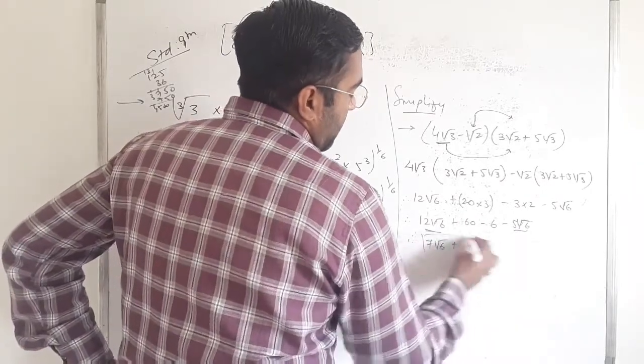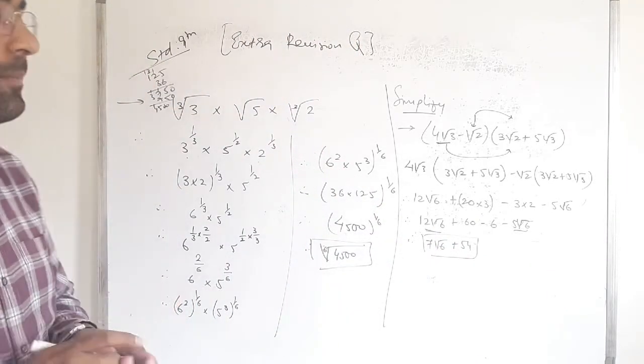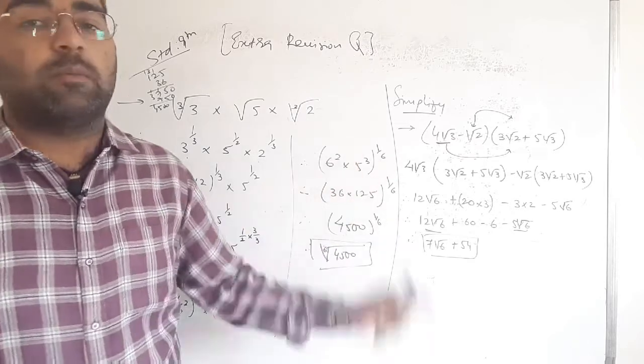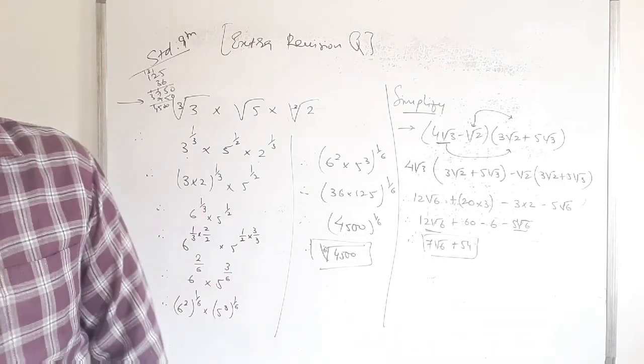So 54 plus 7 root 6 is your final answer. Clear? This is the basic and simplest sum of this type of question.